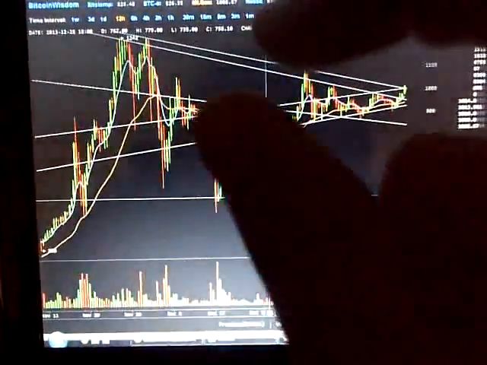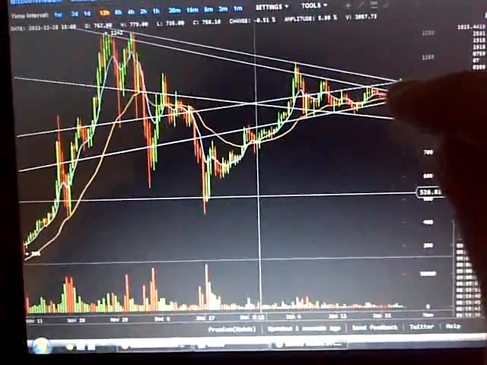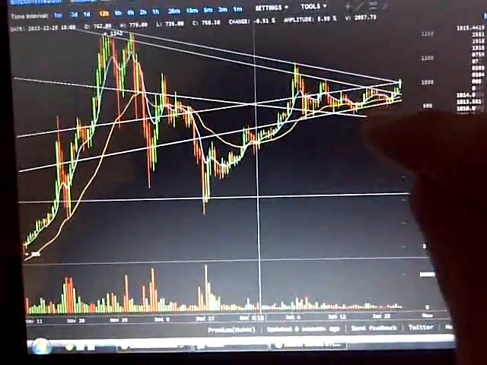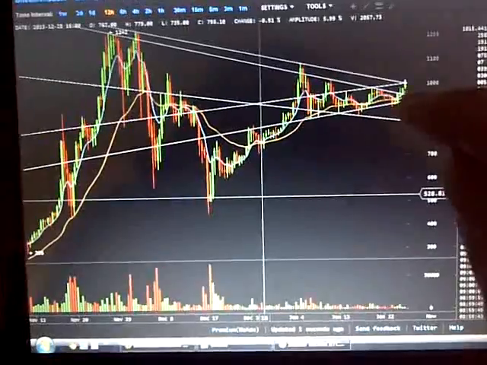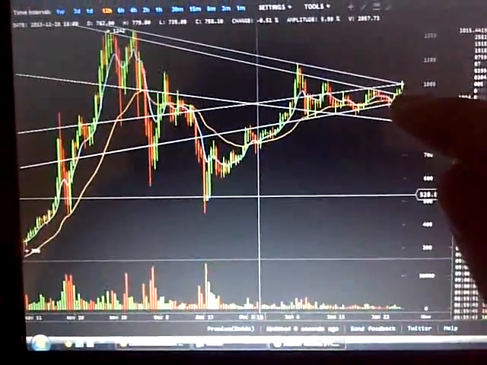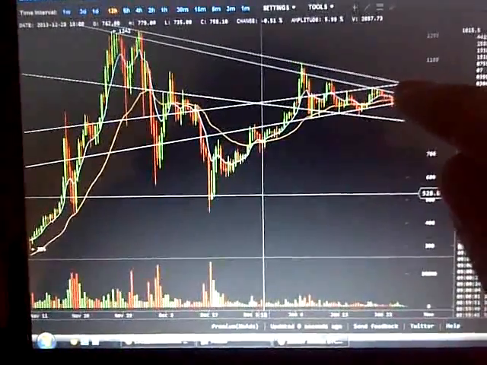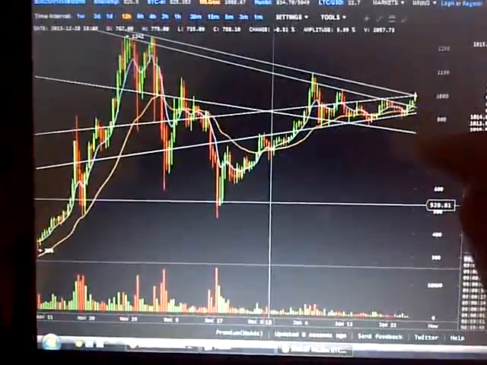So let's say, for example, this is a downtrending channel. As it trades and gets hot, and the momentum is on the upside, it looks like it might hit that top resistance line and then fall back down.